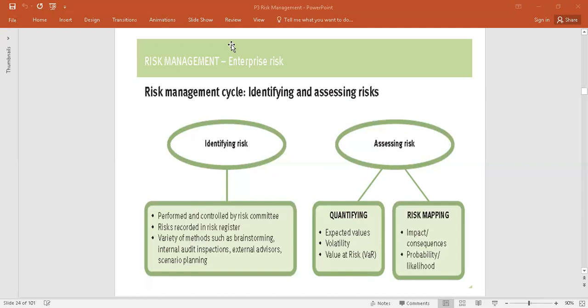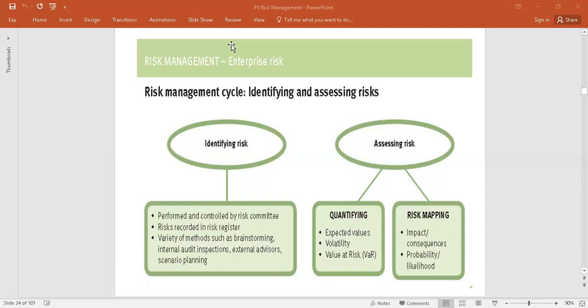All of them are recorded in a register called the risk register. There is a register which is kind of a database where all these events are recorded. So in future also, anytime there is any reference to be made, they can always refer to the risk register. There are multiple details about the events, and they are all maintained in risk registers.